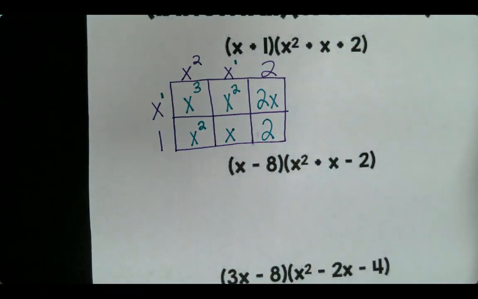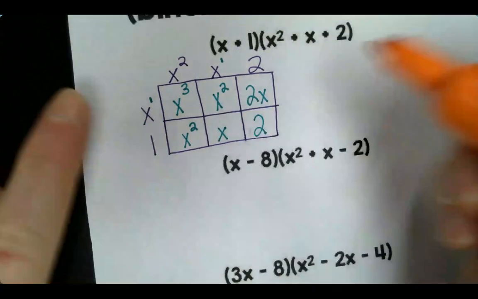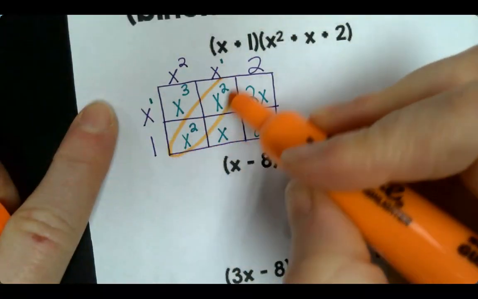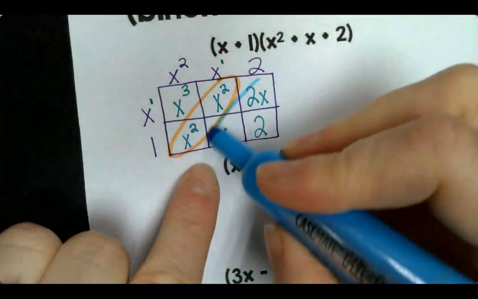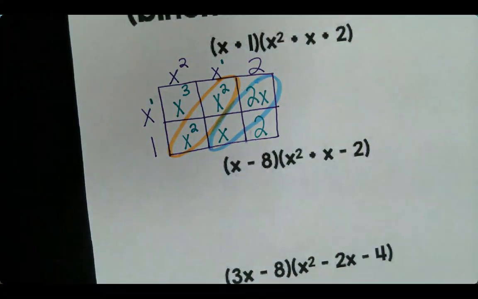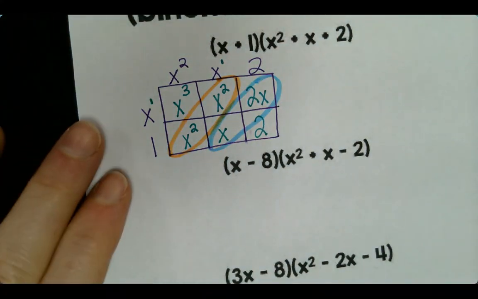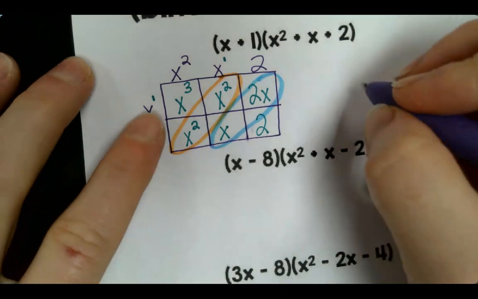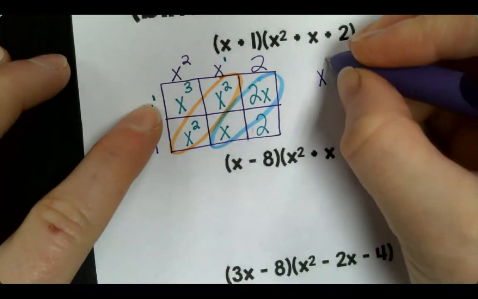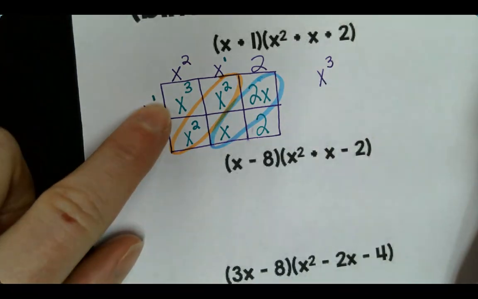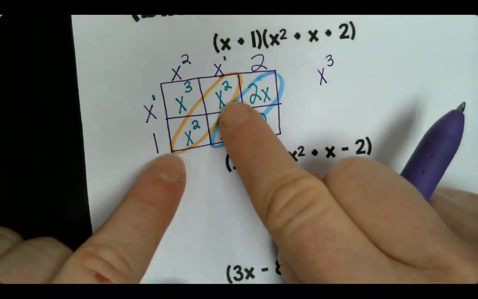So let's figure out where the like terms are. Do you see where the like terms are? They're still diagonals, x squared and x squared. Those are like. And then x and 2x are like. So we can combine our like terms and write it in descending order. So it's x cubed, because there's nothing to combine with that. And then we have x squared plus x squared.